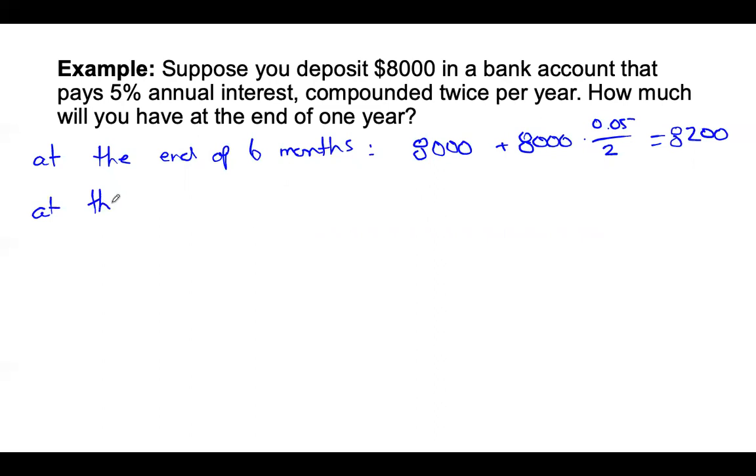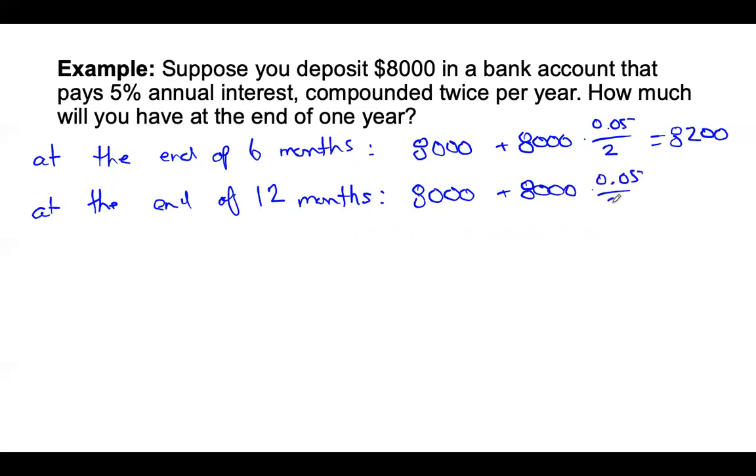At the end of the 12-month period, we're going to have 8,000 plus the 8,000 times 0.05 divided by 2, plus this amount.